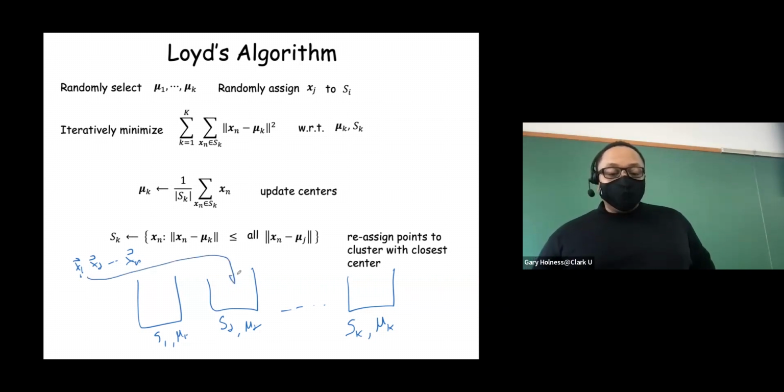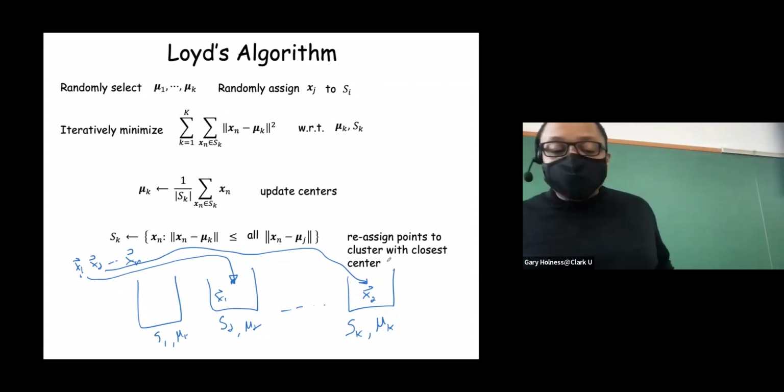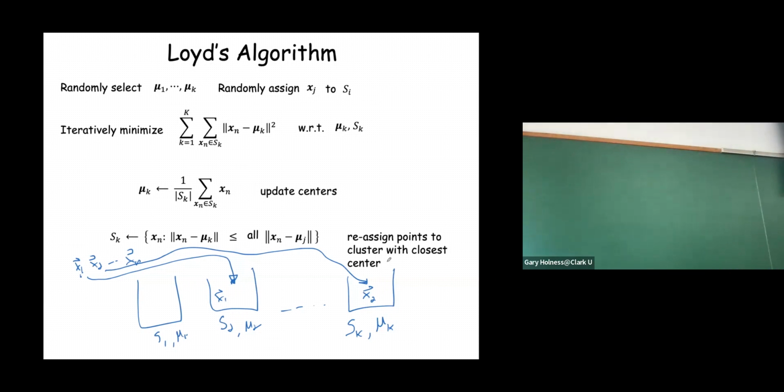We're going to say, aha, you're closest to that center, X1 belongs in the second grouping. Going to go to X2. Wait, you're closest to mu k, so X2 is going to go in that kth grouping. Does that make sense? Any questions? Now you do this comparison based on Euclidean distance in feature space. So it's the distance between points.